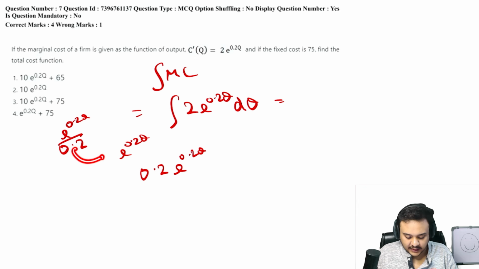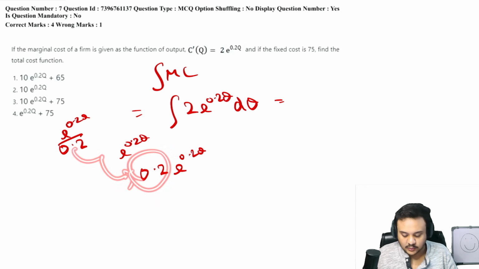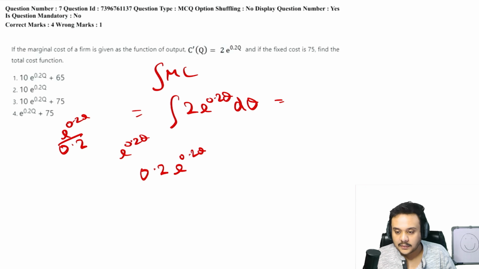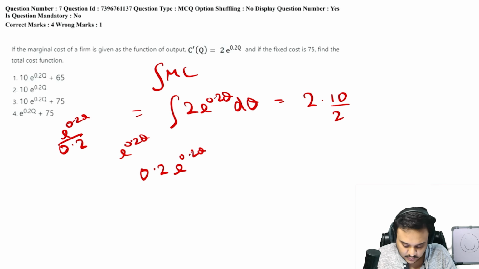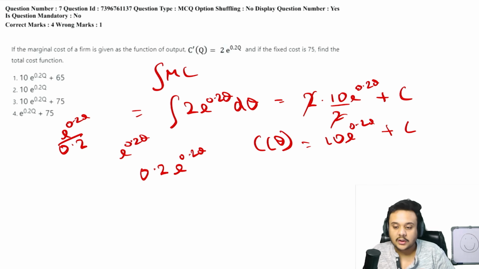So you will see a pattern that we are just multiplying 0.2 every time, because that is how this function works. So you'll just get 2 divided by 0.2, so that will be 10 e to the power of 0.2Q plus c. Okay, this is your cost function.